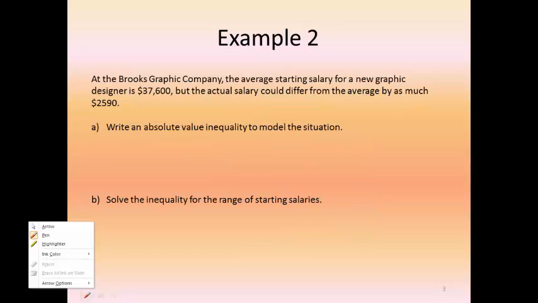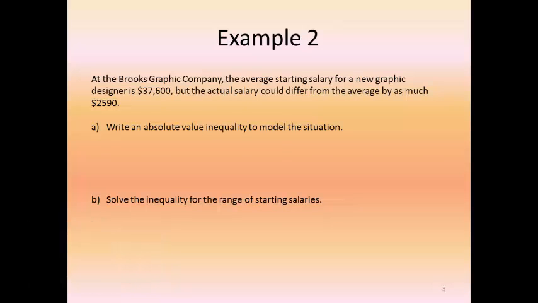So here we have, let me switch colors, we'll go back to red. At the Brooks Graphic Company, the average starting salary for a new graphic designer is this amount. But the actual salary could differ from the average by as much as. So this is the distance. Okay?